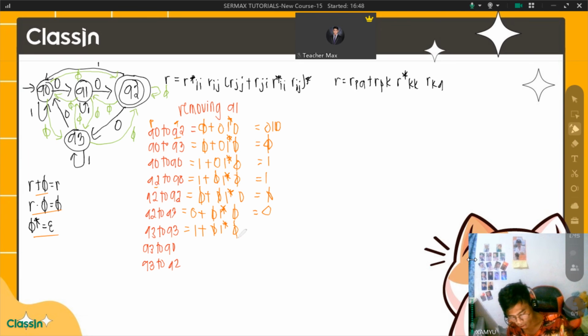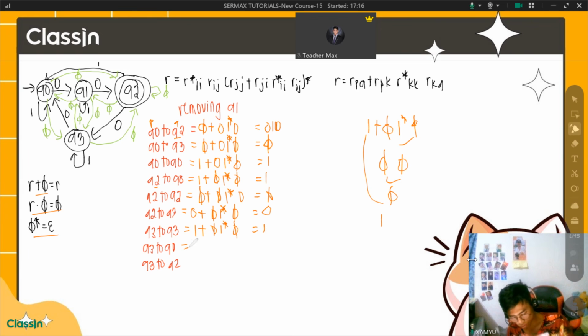So therefore, with 1 plus the null and star, clean star with 1 and null, it will still be multiplied, will become null, and then null and null will be null. 1 plus null will be 1. So therefore, it will be 1 right now.